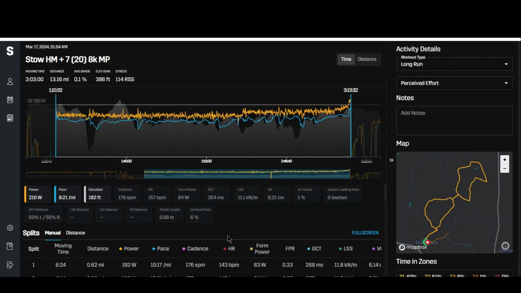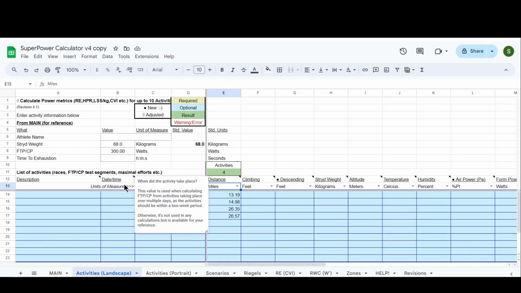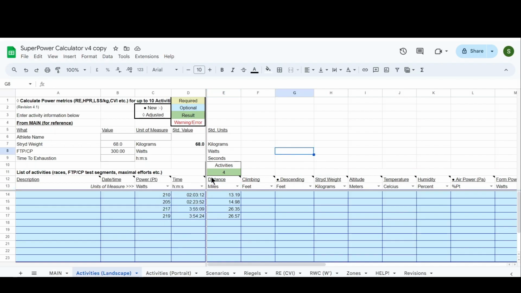Look at the elevation profile in the back. I'm going to take pace out, but look at the elevation profile. And then also, I always double check what the air power is on these. So I'll take that data, distance, time, and average power, and I'm going to enter it over here.